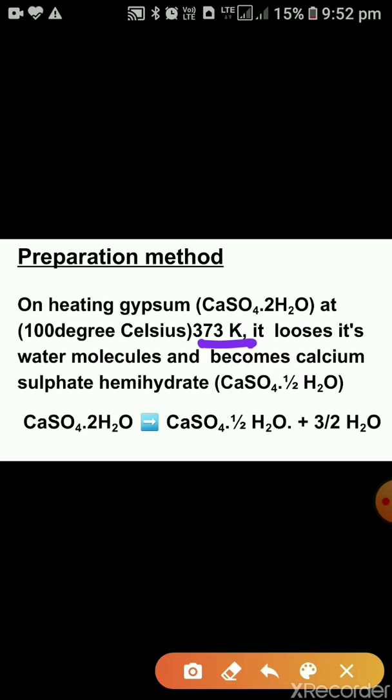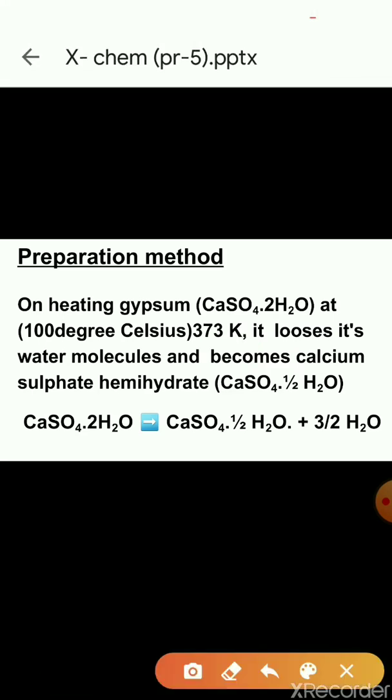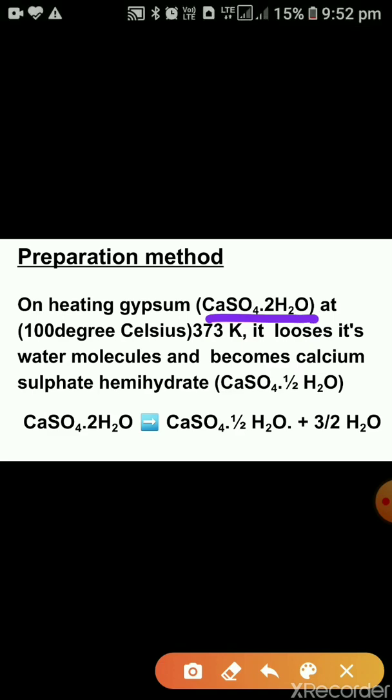We have two molecules of water of crystallization in gypsum. As we heat it at this high temperature, it loses 1.5 molecules of water of crystallization. Then only half a molecule of water remains, and then it is known as POP or calcium sulfate hemihydrate.